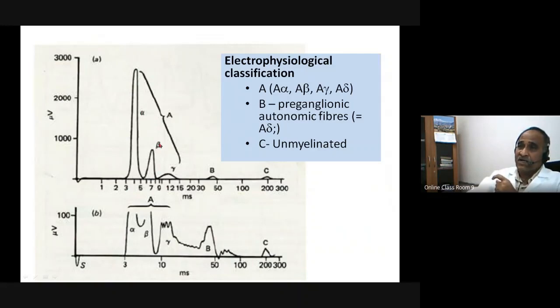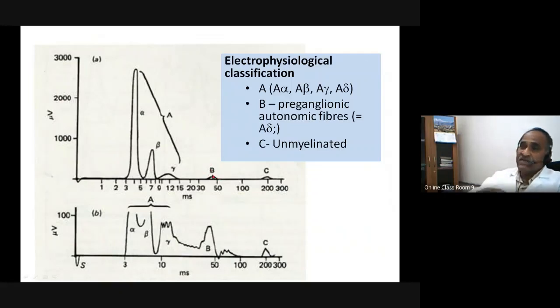For example, beta is slower than alpha, so it appeared a little later, and gamma a little later still. So according to the conduction velocity, these peaks appeared, and they were named A alpha, A beta, A gamma. Now this is the A delta.